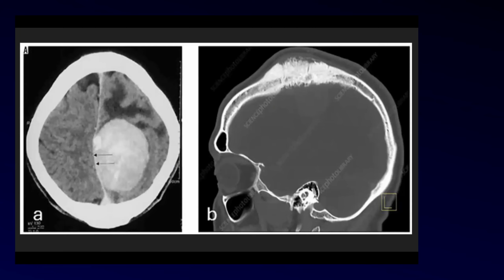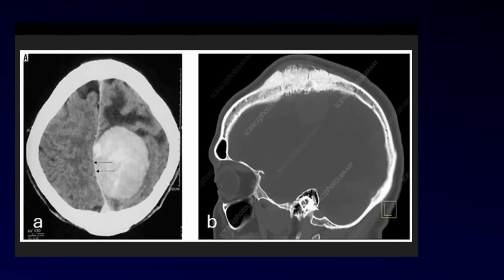Apart from this, on this image, you can see some peritumoral edema and a lot of hyperostosis on the midline, and the flap is going to be really difficult in this particular patient because A, the bone is very thick, and B, this seems to be around the coronal suture. And we already know that around the coronal suture, the bone is slightly more adherent to the dura. So this is going to give the surgeon a really difficult time. Let's move.